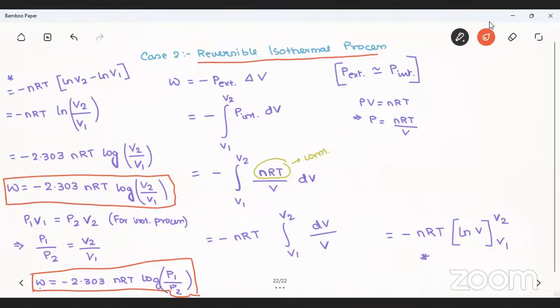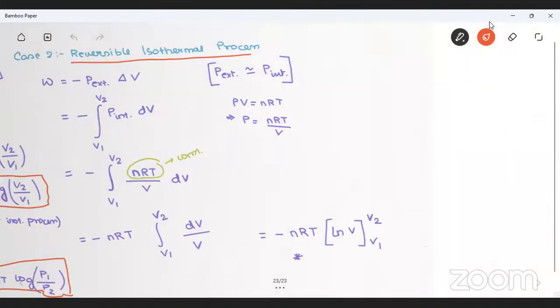For a reversible isothermal process, this is the formula and this is the whole derivation. Is this part clear? Everyone clear? Now, we have completed the isothermal process.